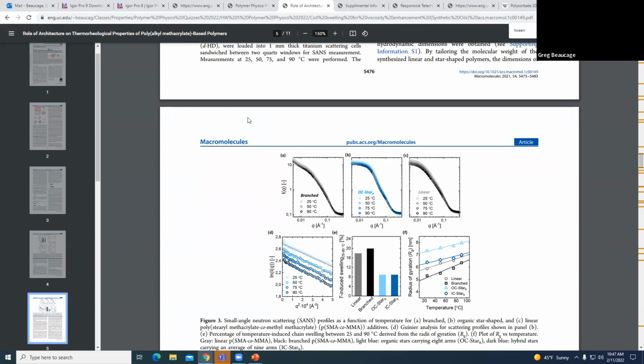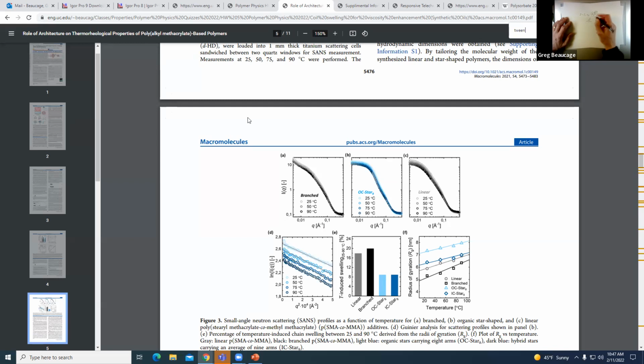You can play around with it if you want, but it's pretty useful to figure out where people are lying to you. Because he's going to get the radius of gyration. The intensity goes as some I naught times exponential of minus a constant times Q squared, a Gaussian, a bell-shaped curve that gives you the radius of gyration.